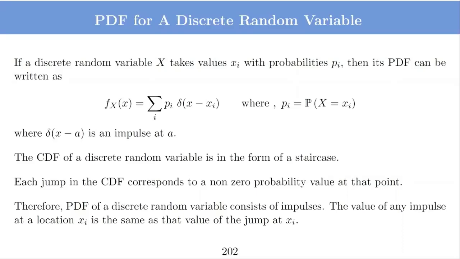Density gives how the probability accumulates as we move around the range of the random variable's values. So let us see. If we take a small interval dx, the probability that the random variable takes a value in this interval is f_X into dx, where small f_X is your density.